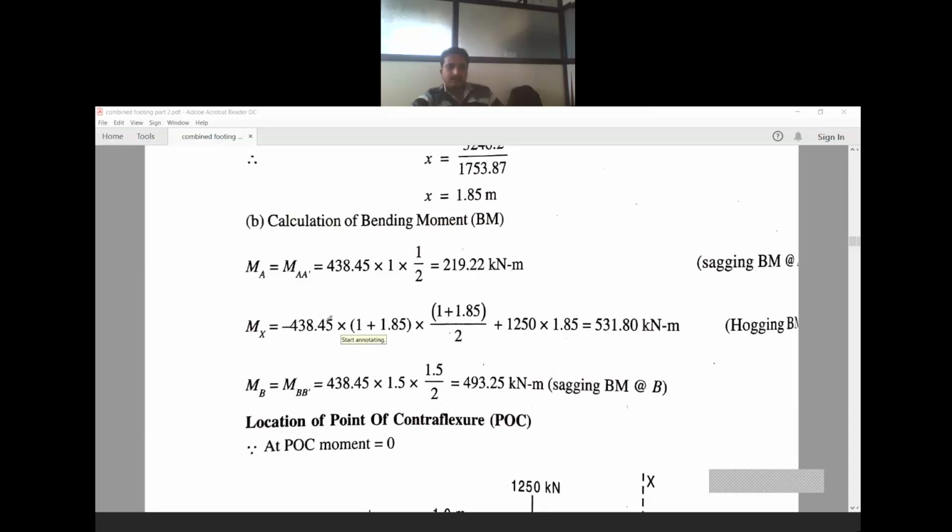Before that, we calculated the moment at A, the moment at B, and the moment at x, where x is at a distance of 1.85 meter. So this is the maximum bending moment, which will occur at a distance of 1.85 meter from column A. We have also calculated the bending moment at column A and column B.